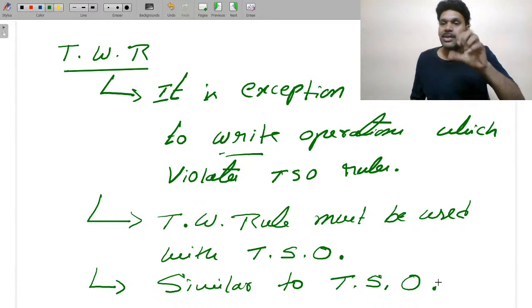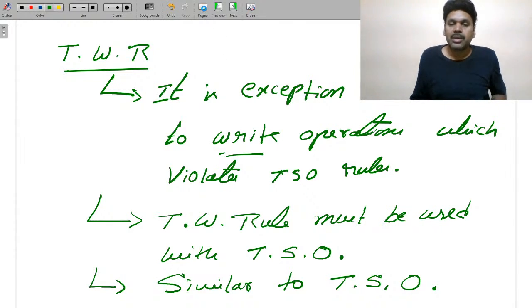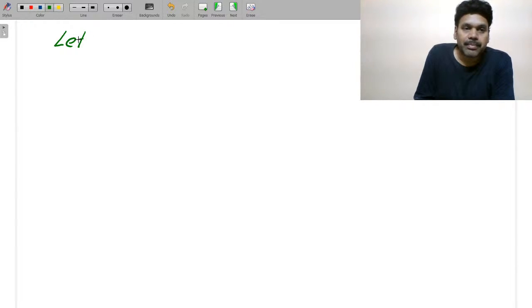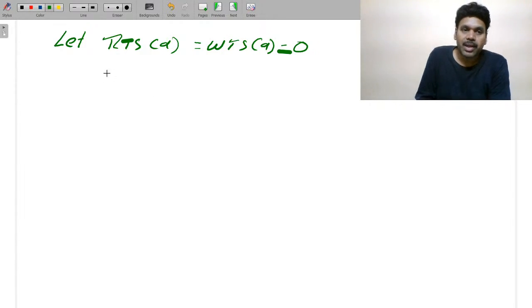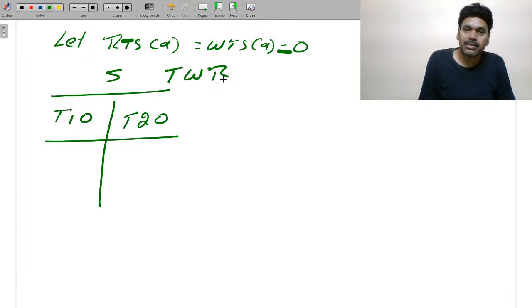Okay, so I will give you a shortcut. Only 2 examples. It's bus. 100% it reached you. So observe carefully. Let RTS of A is equal to WTS of A is equal to 0. Schedule as T10, T20. I am following the Thomas Write rule.